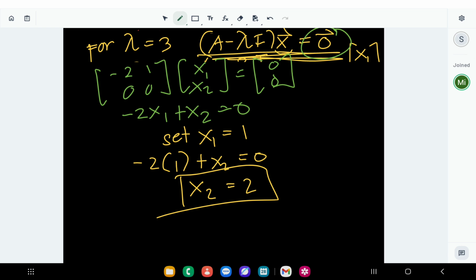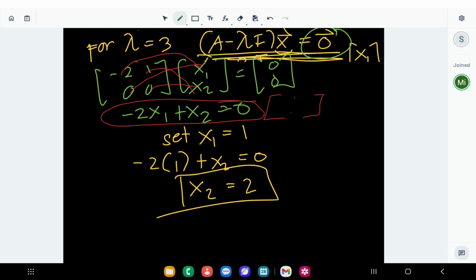You can set x sub 1 equals 2. Yes. Apply multiplication. That's 0. That is 0. 0 times x is 0.